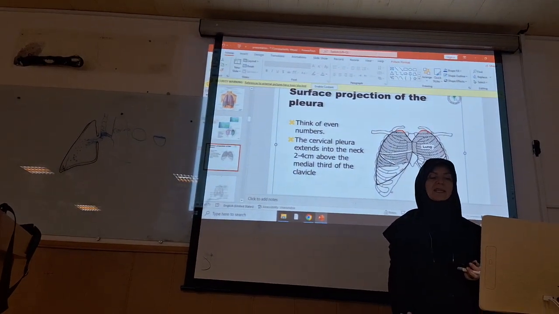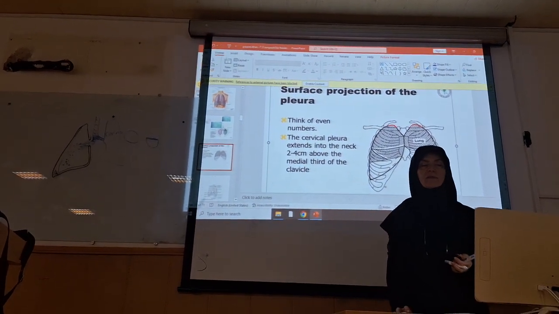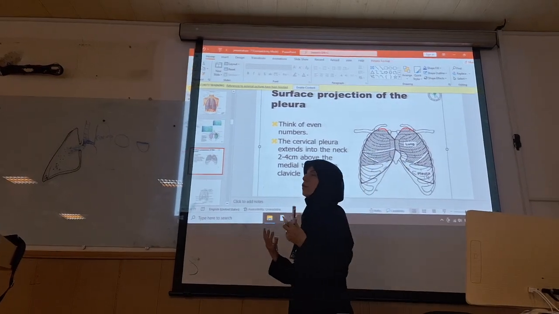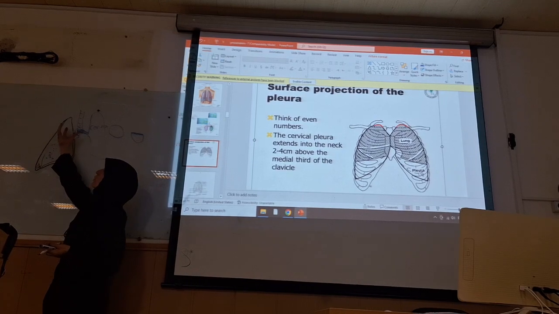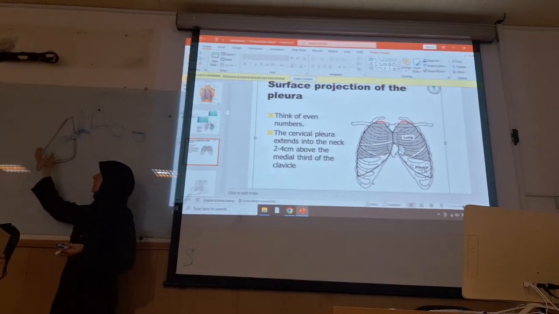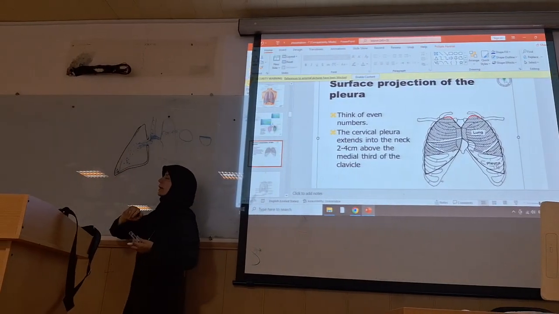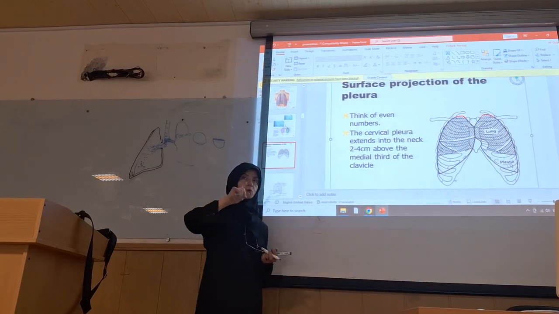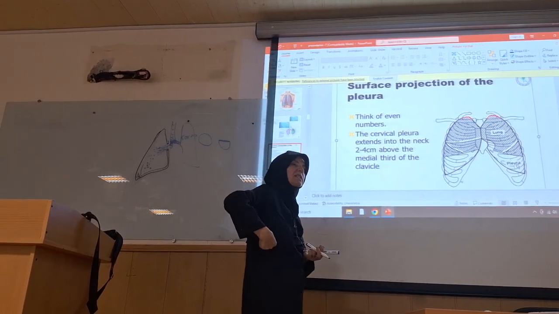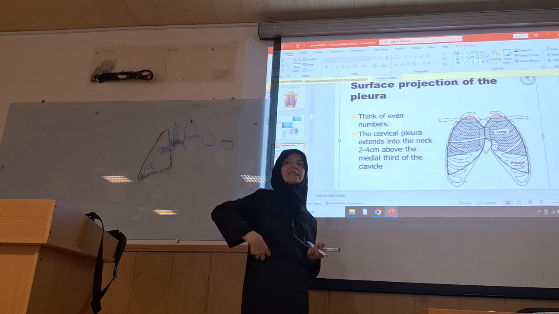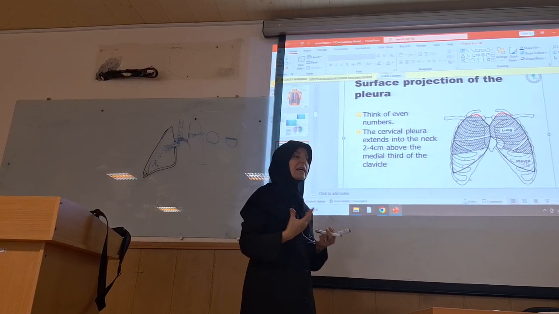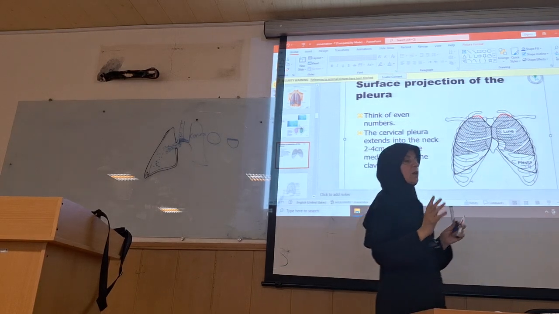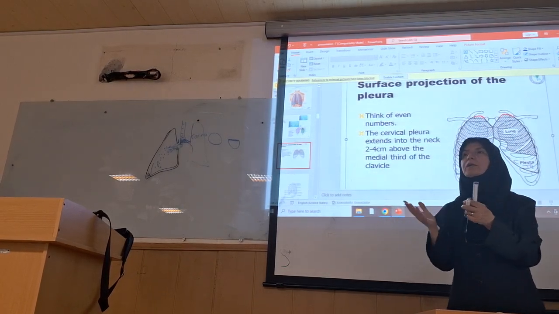Inside of this recess, according to gravity, if any fluid accumulates inside of the pleural cavity, it is going to come and accumulate here. So you should remove this extra fluid from inside the pleural cavity because this extra fluid is going to make problems for the patient.